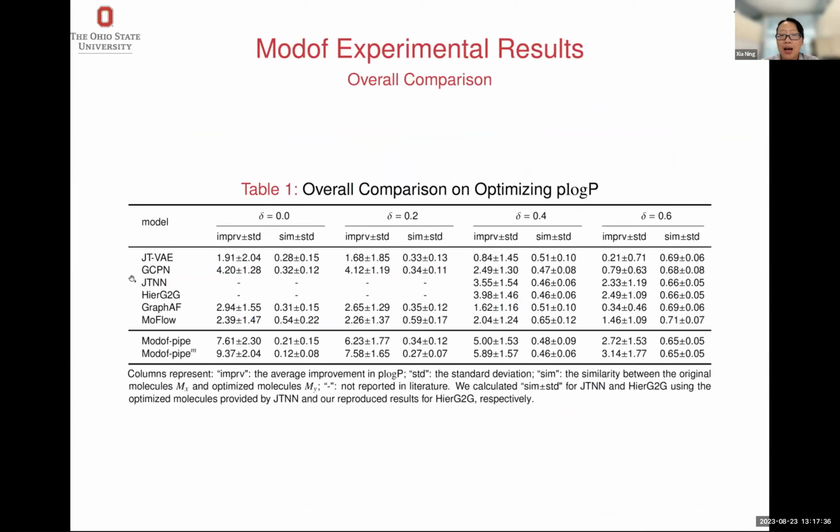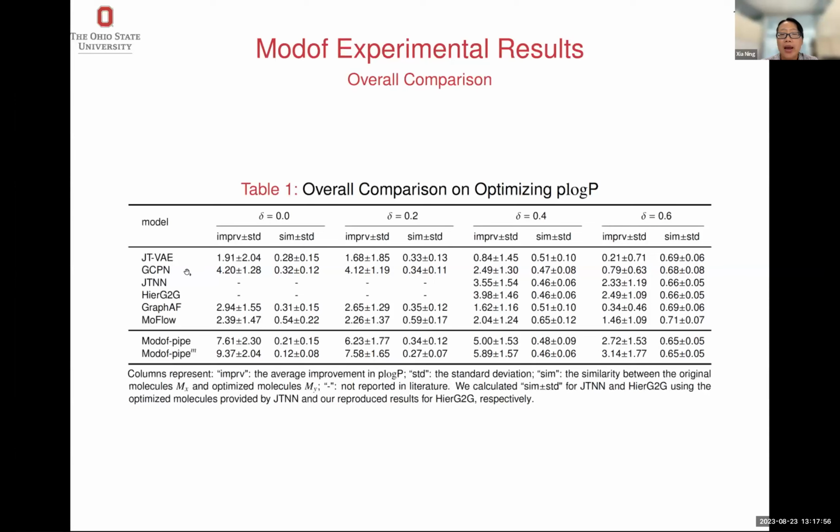There has been a lot of work developed for small molecule generation, and in terms of technologies, the variational autoencoder JTVAE here is a very widely used method. The key idea there is to embed small molecules into latent space, sample from the latent space, and decode from there.